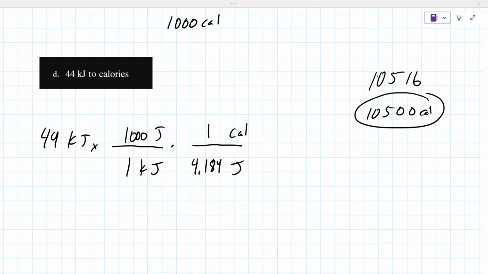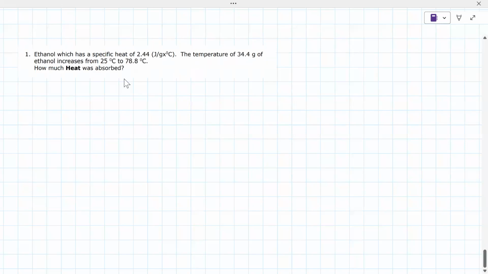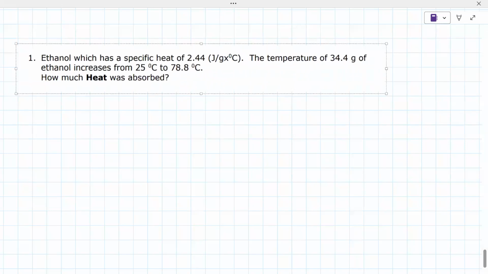All right, so here we go. When you read this problem, I want you to decide what variable you're solving for. For C? They're giving you C. Oh, for Q?